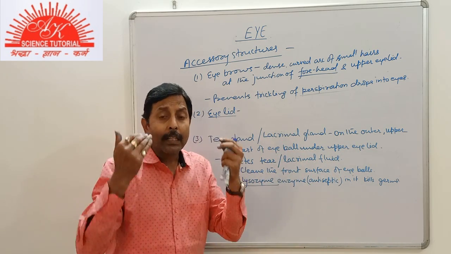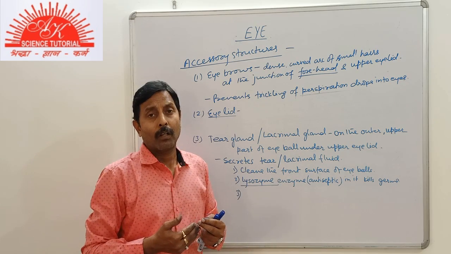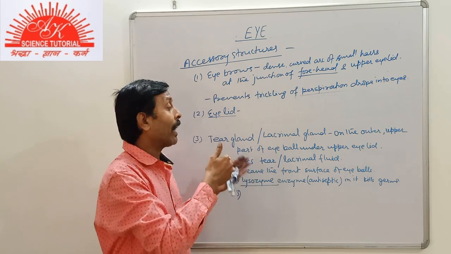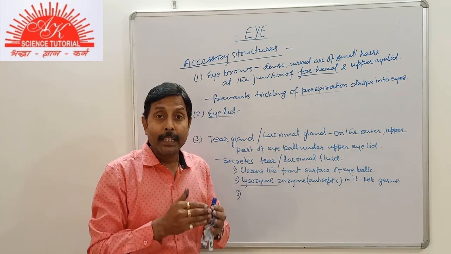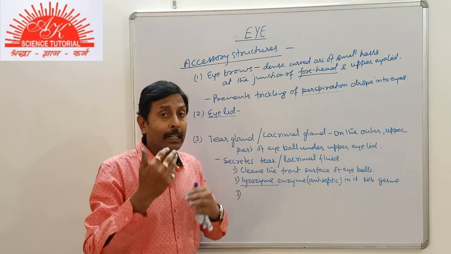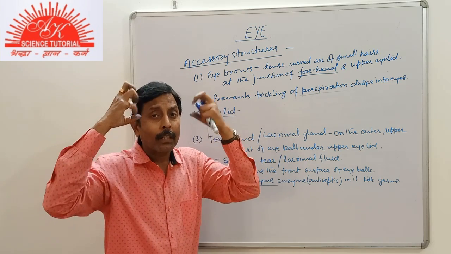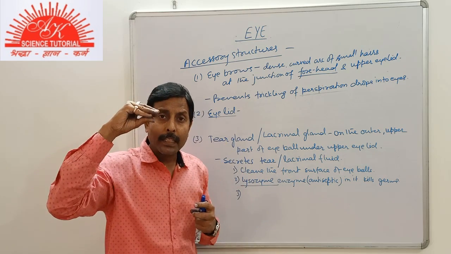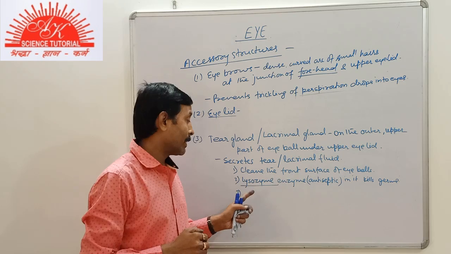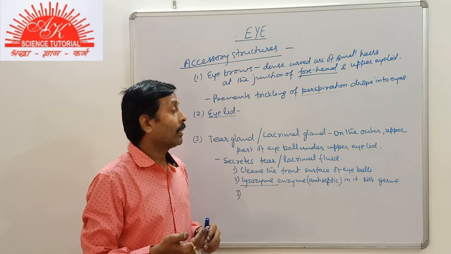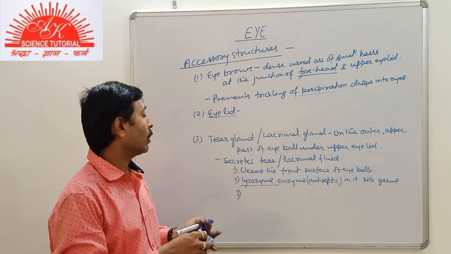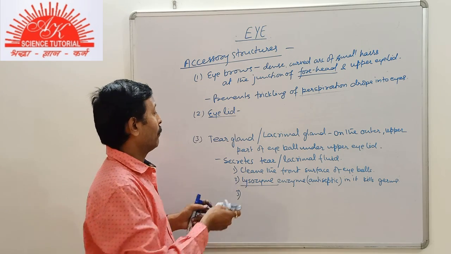Whenever there is any kind of stress, we are hurt, or in grief, in happiness, in anger, whenever the muscles contract, the tear gland is squeezed and tear flows out of it. So we say that it is expressing the emotional state. But the two are the major functions of the tear gland or lacrimal gland.